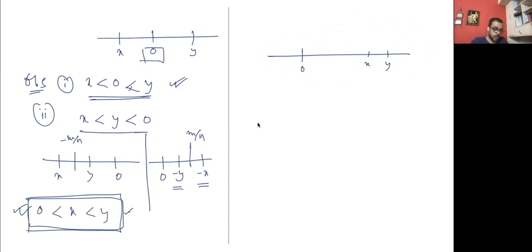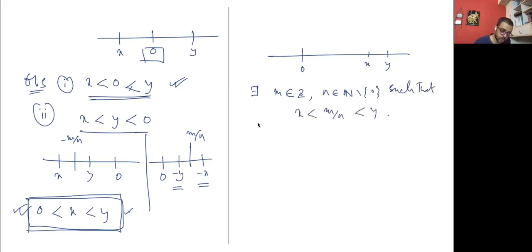Okay. So what we are trying to show is that there exists a rational between x and y. So how do you prove this?